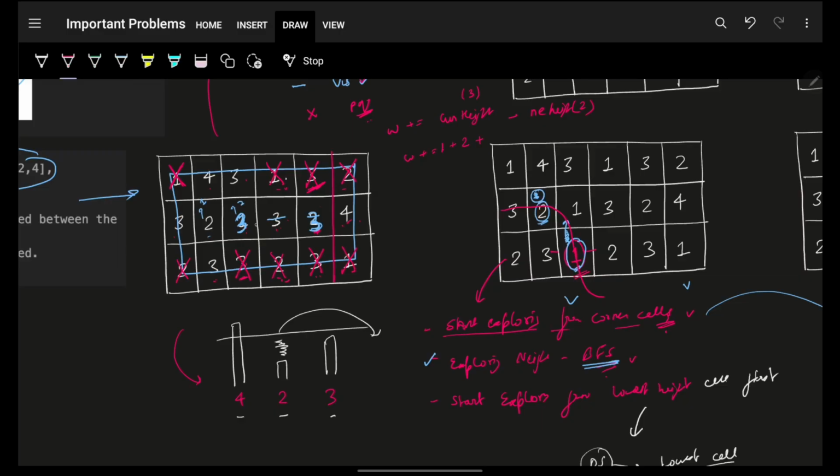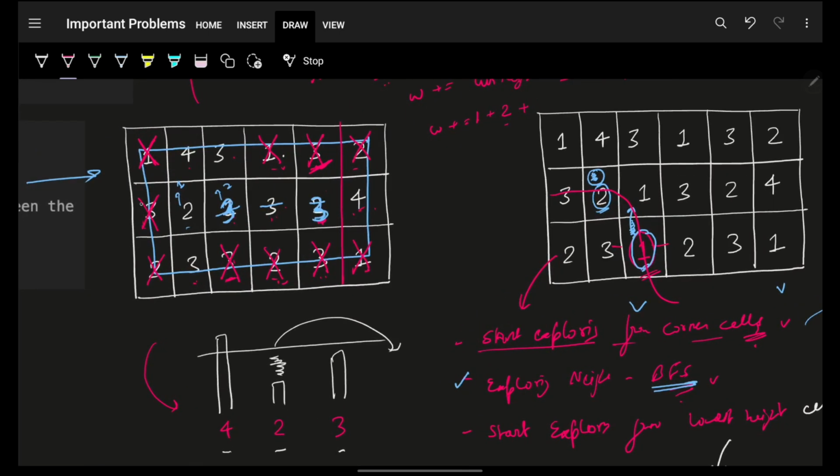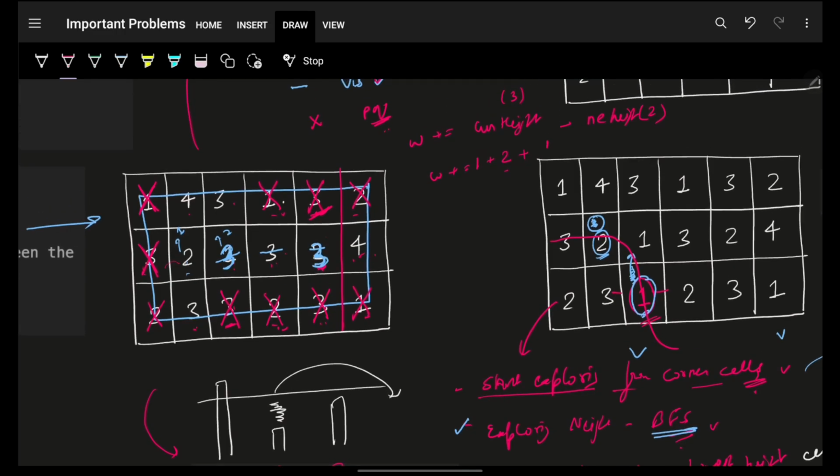Now you are done, you added the water. Now you visit another 3, this one. His neighbor is 2. Add 3 minus 2, which is 1. Then make sure you propagate the higher value, and make sure this is visited.